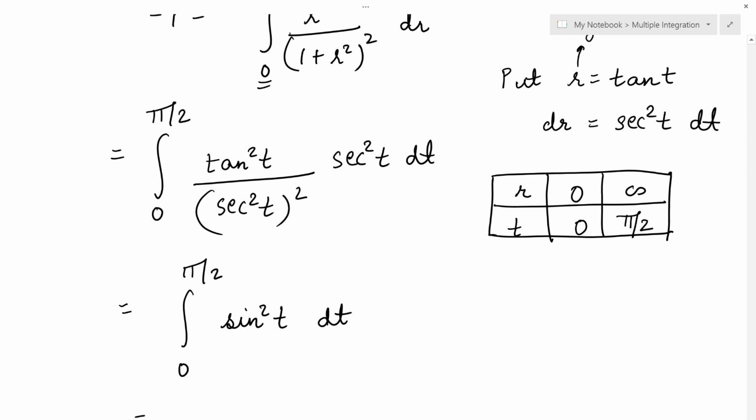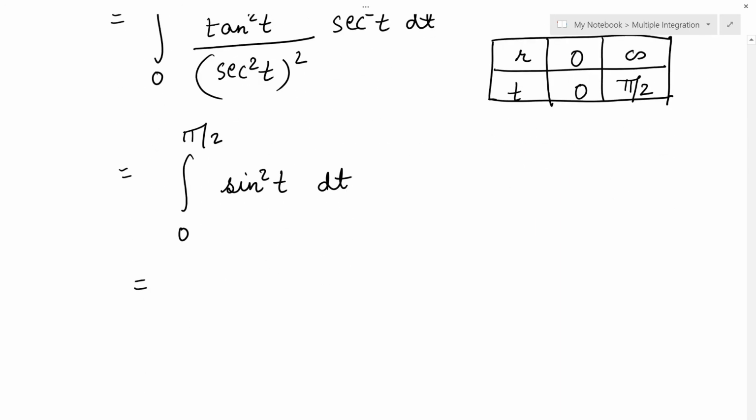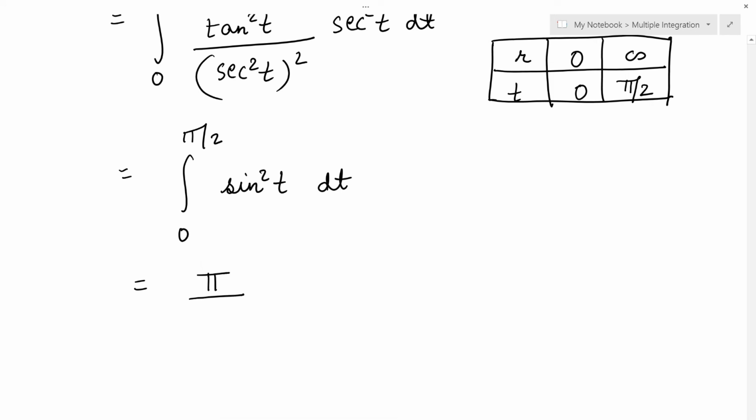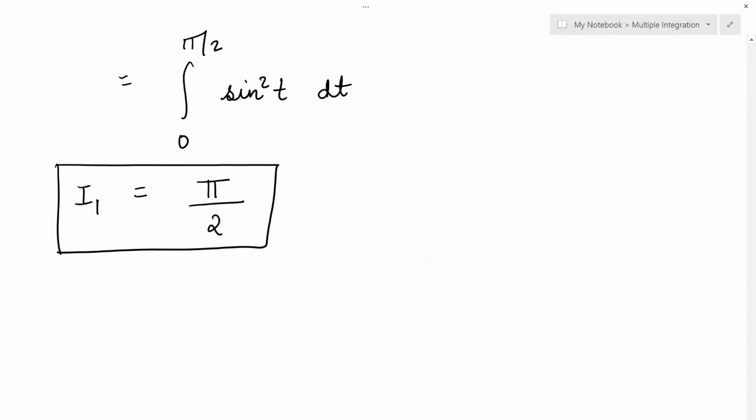Use the reduction formula, right? After you use the reduction formula, the answer is 1 by 2 times pi by 2, or whatever. So this is the answer for my innermost integration I1, right?